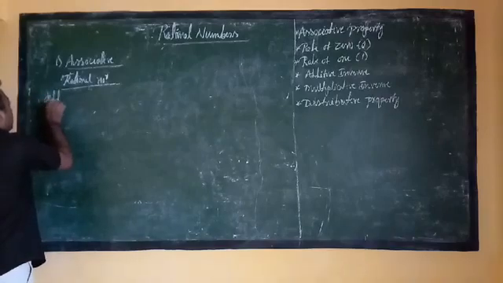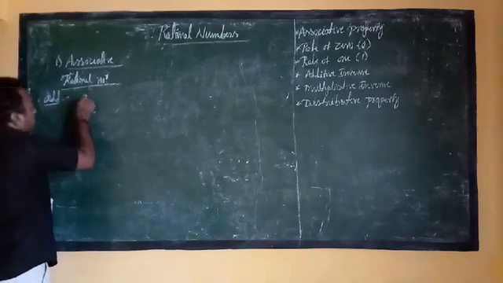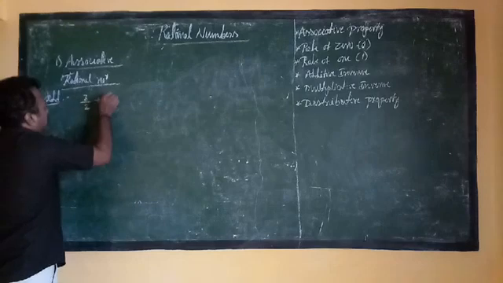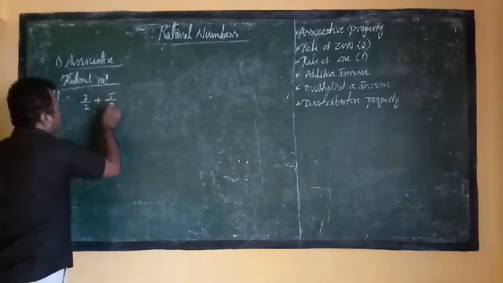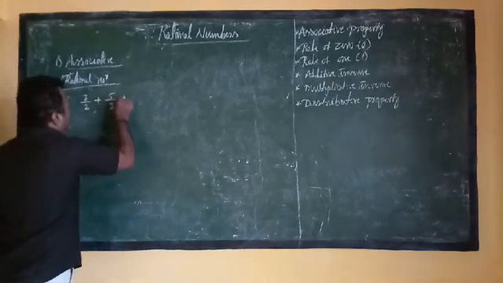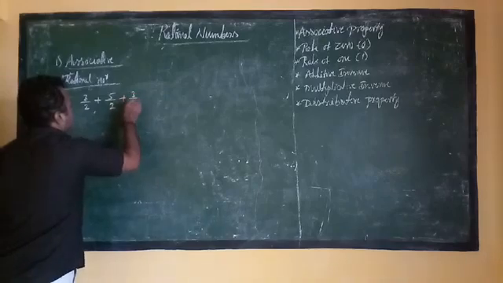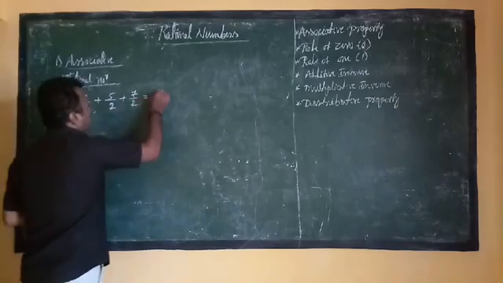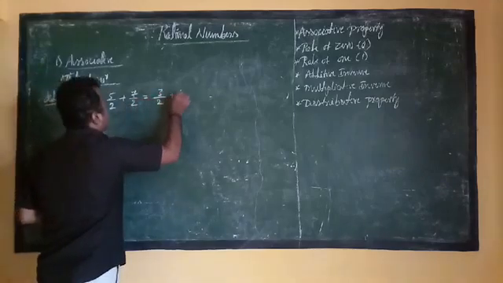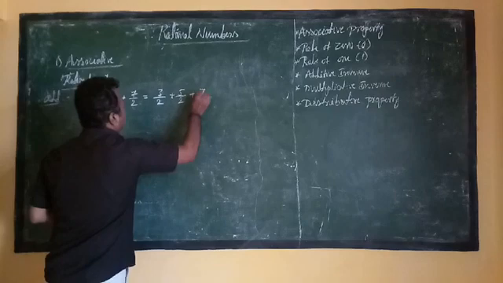First addition. See students, 3 by 2 plus 5 by 2 plus 7 by 2 I will take. It is equal to the same, 3 by 2 plus 5 by 2 plus 7 by 2.